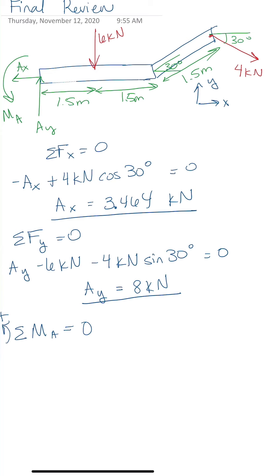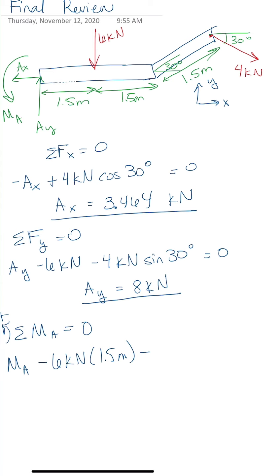So for the sum of the moments about A, we have that M sub A is in the positive direction, and then minus that 6 kilonewtons times 1.5 meters.